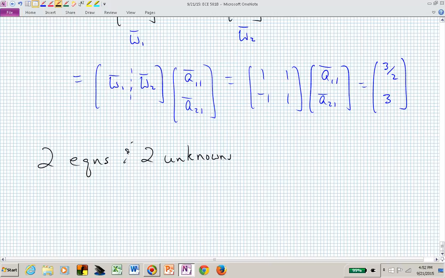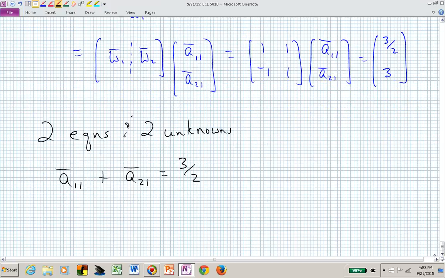If we multiply this out, we see that we have A11 bar plus A21 bar equaling 3/2. That's the first equation. The second equation is minus A11 bar plus A21 bar, and that's equal to 3.